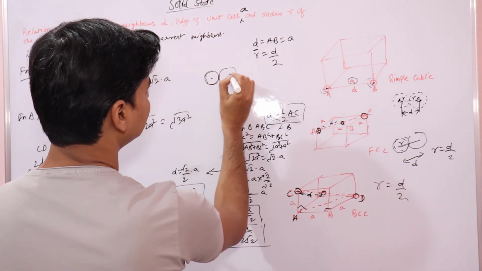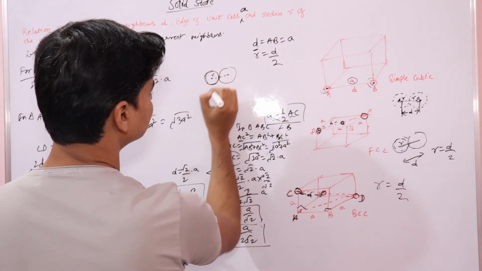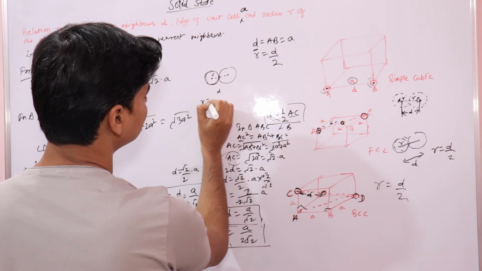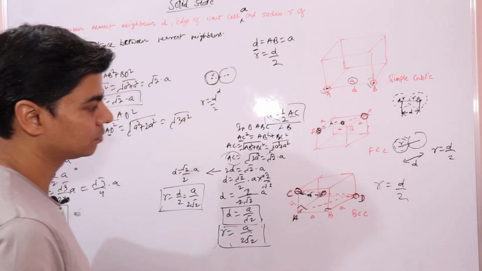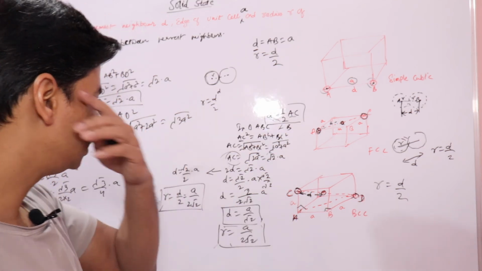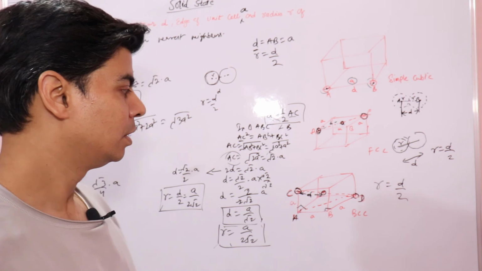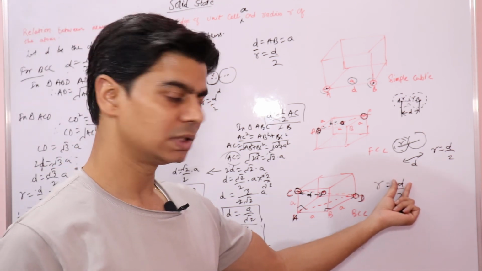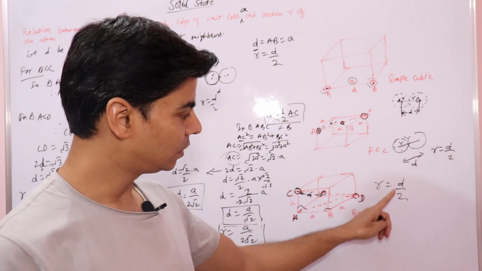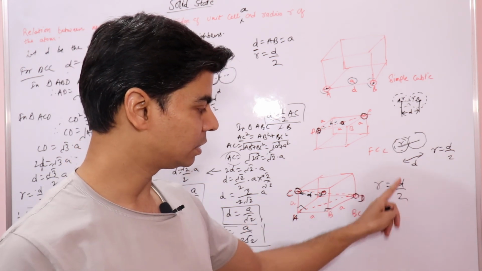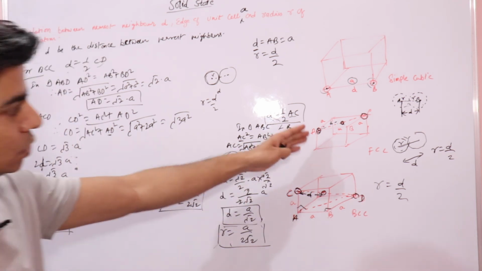This is your distance d and this is your r, the radius. So r is equal to d by 2, right? This is what we have done in all these three. So you will find the distance d, the relation between d and a, and then you will put the value of d here to get the relationship between r and a in all these cases.